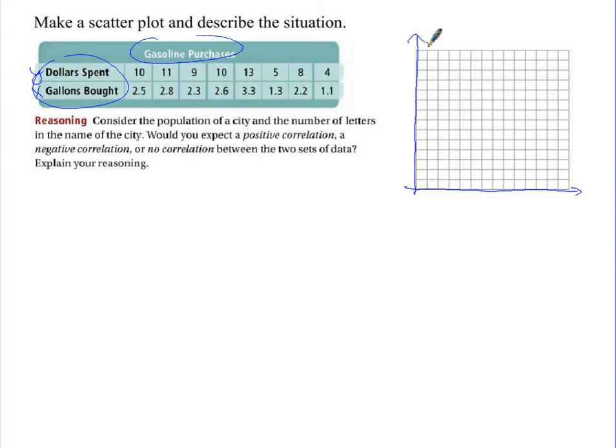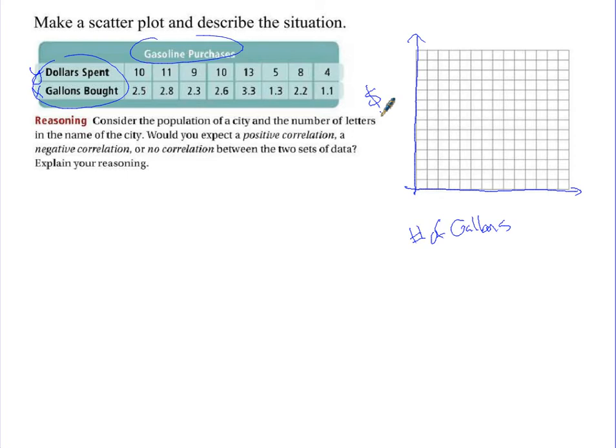Labels. So what goes here? Gallons. And that's number of gallons. And then on the y-axis, so money spent. Now what?